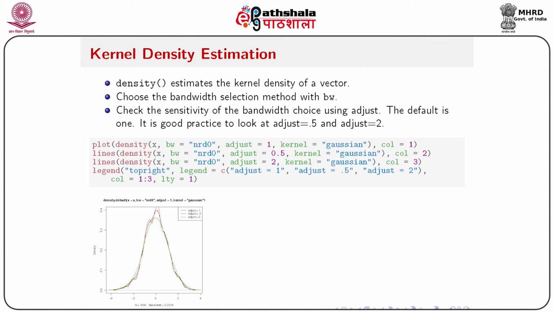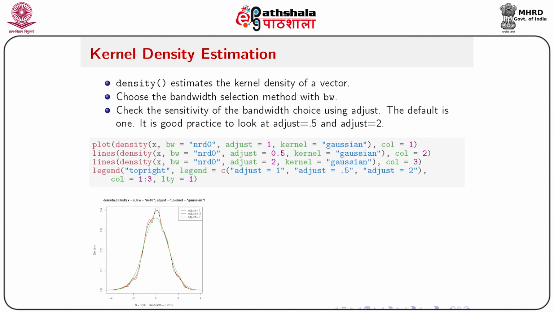So plot(density(x, bw = "nrd0", adjust = 1, kernel = "gaussian"), col = 1), then lines for another density with adjust 0.5, kernel Gaussian, and then adjust 2.